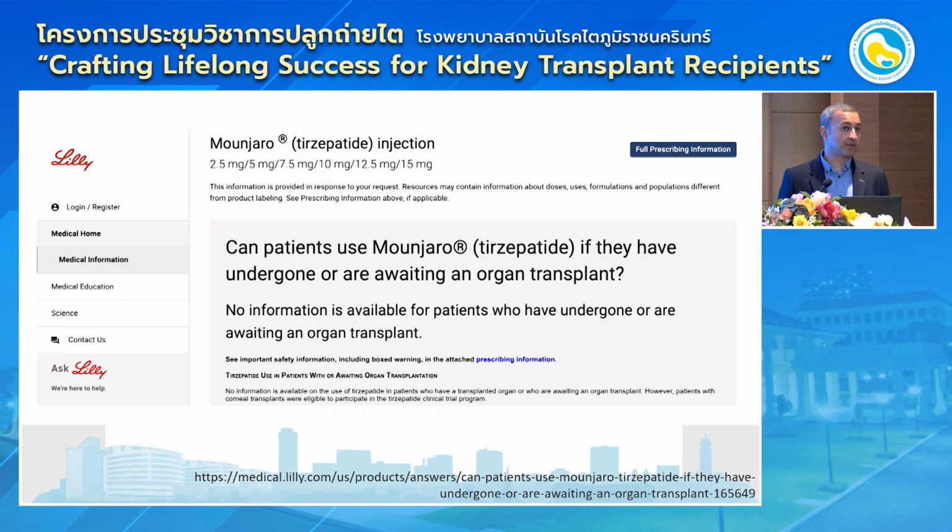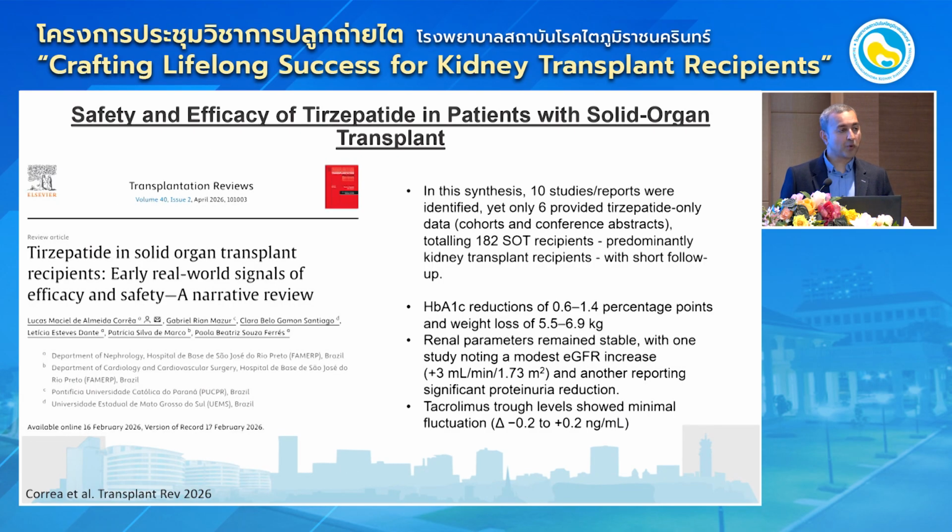We've been using a lot of Mounjaro, which is tirzepatide, in our kidney transplant patients, which is interesting because when you look at the actual safety advice from the company, they recommend that we shouldn't be using these drugs because there's no safety and efficacy data. But fortunately now there are several centers around the world which are reporting their experience.